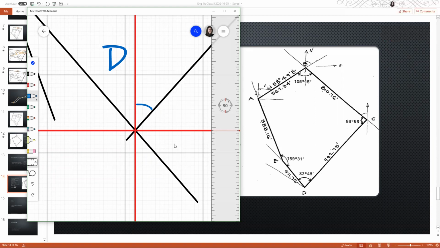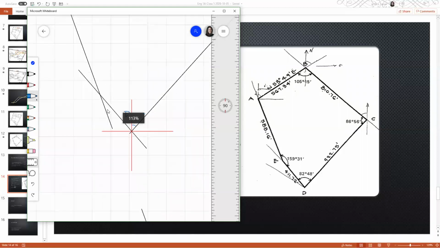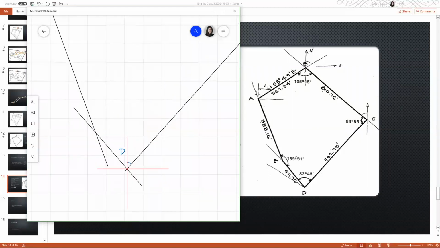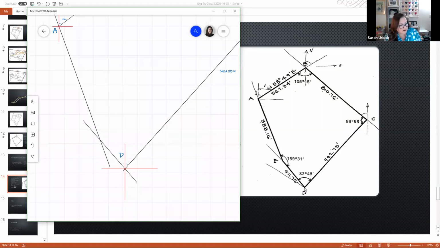You're close, Olga. It's going to be north to west for the bearing that we're looking for. So we've got this angle for this line. We need to find what's our bearing for this line here from D to E. Right. So our point E, let me put that point E in there.